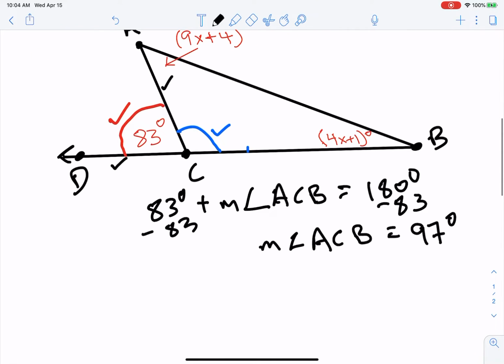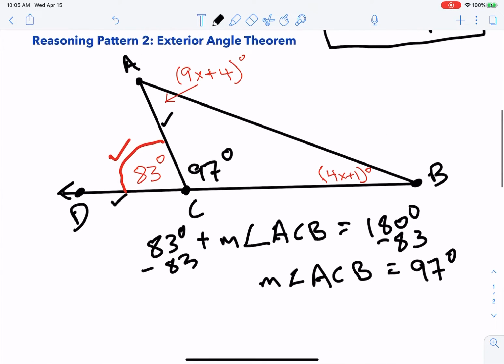I'll write that here. This is now 97 degrees. Okay, so now we have all three angles of the interior of the triangle.